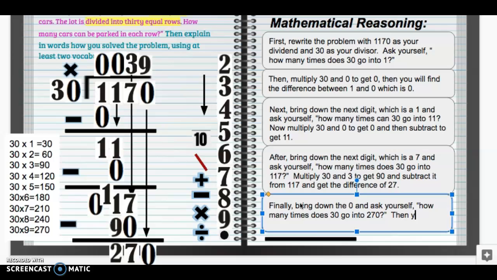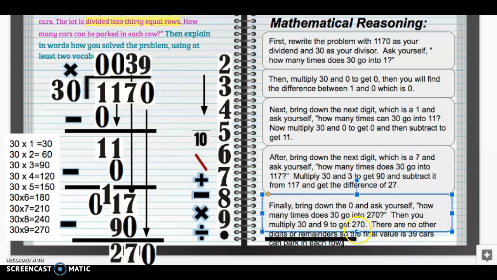Then you multiply 30 and 9 to get 270. There are no other digits or remainders, so the final value is 39 cars can park in each row.